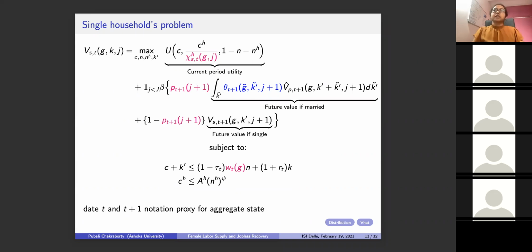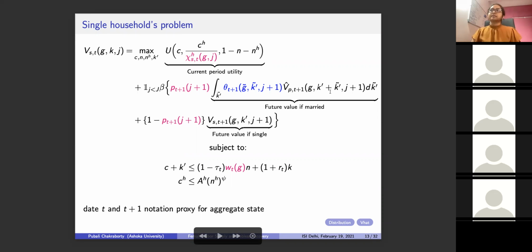Somebody who is the potential partner is also solving their own single household's problem, and decides that K prime tilde is that person's optimal choice. So when tomorrow arrives, before households make any decisions, there is the matching that takes place. In case the matching takes place, then essentially you are no longer single. As a couple household, you will be making your decisions in the future.